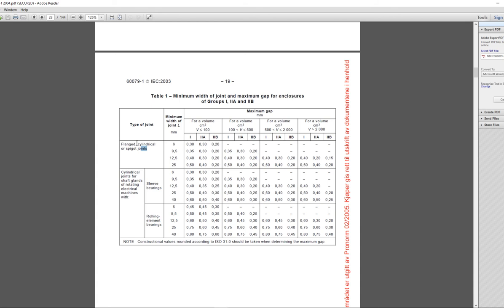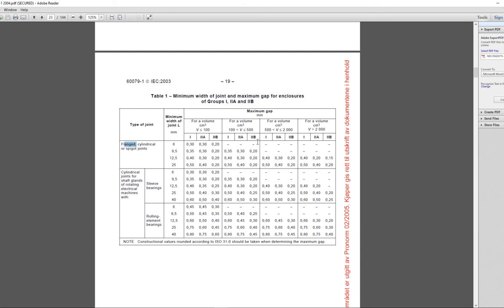I assume you know the differences between flange joints, cylindrical or spigot joints. So first, we identify our type of joints.